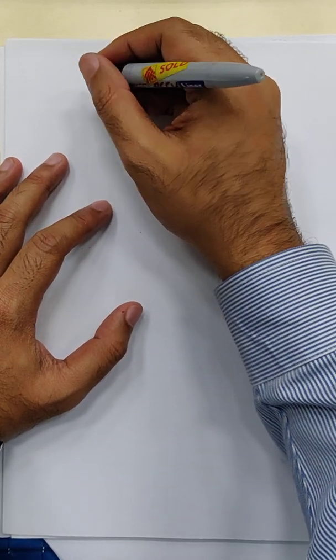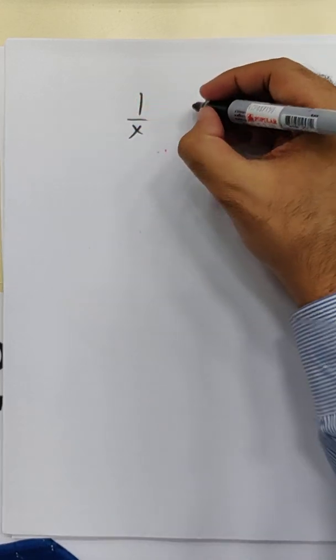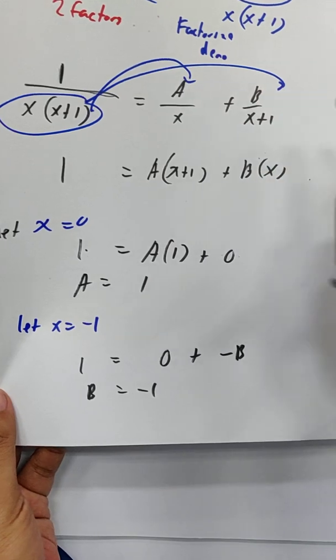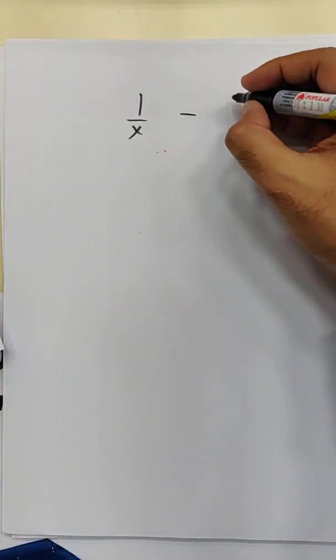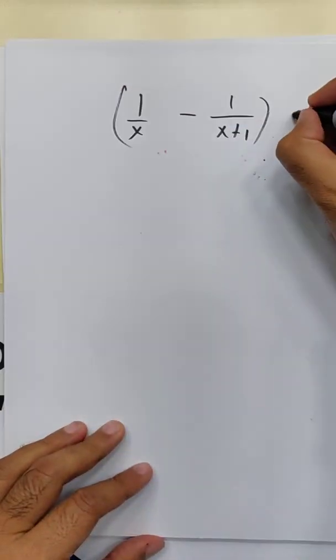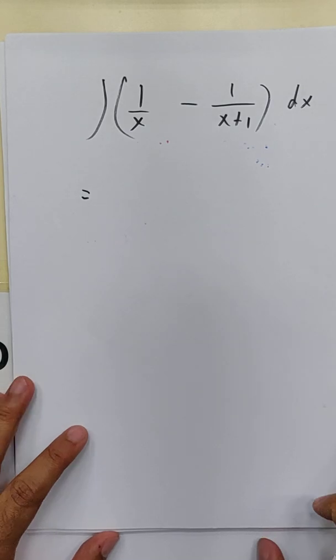I believe this one, the answer is not included. Let me think. So 1 over x minus, substitute inside here. Now integrate that. What will you get?